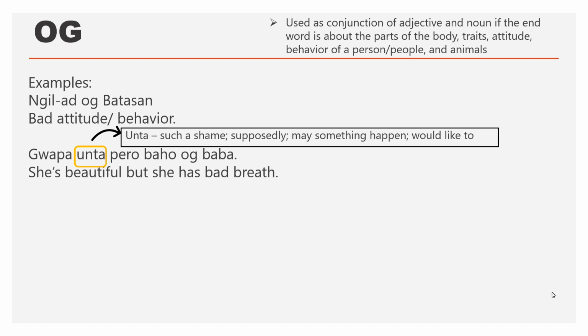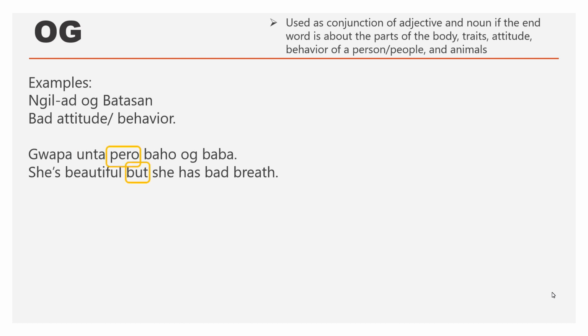Pero is but, and then baho og baba, bad breath. Baho is bad, the smell is not good. And the baba there means the breath of a person. Baho og baba is bad breath.